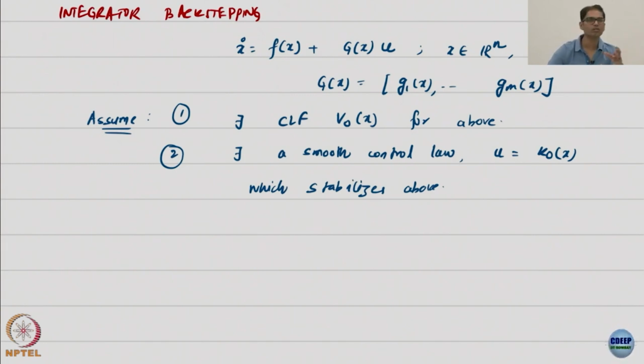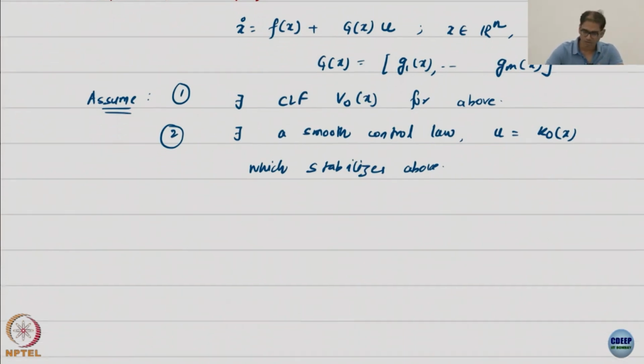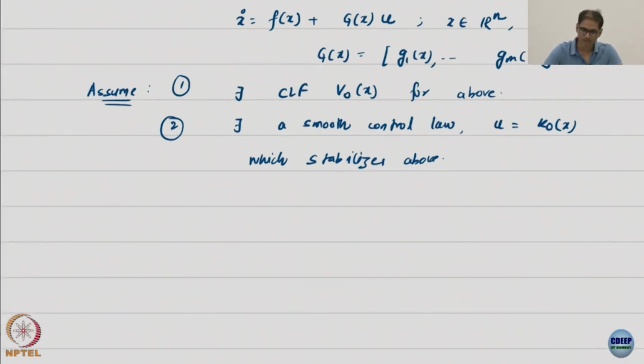It should be evident that if I already have a V0, then the k0 is obvious. In fact, if you want to be more precise, you can say you just have an almost smooth control law, but I am making my life easy by assuming a smooth control law. So I have not just a V0 which is a CLF, but also a smooth controller available to me for this system.